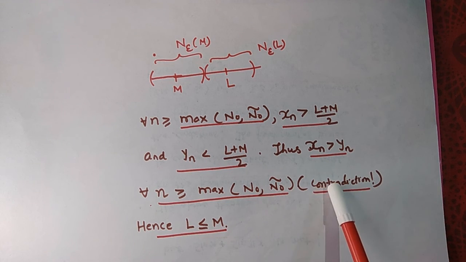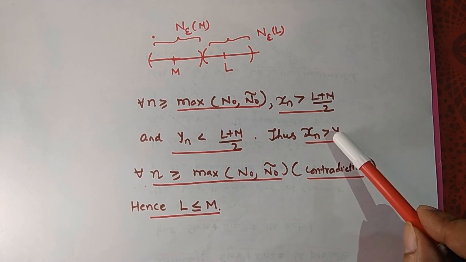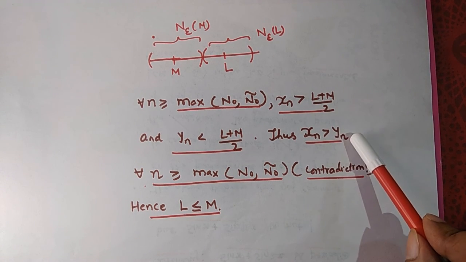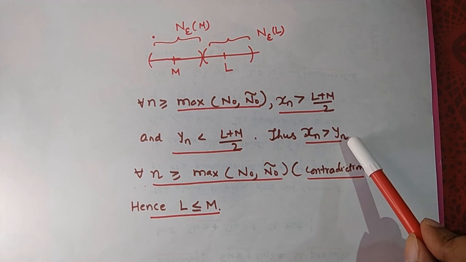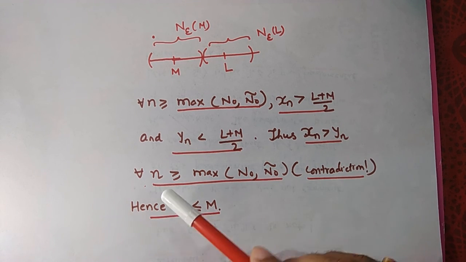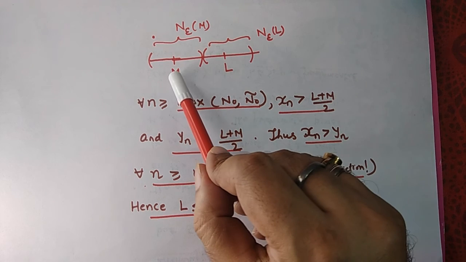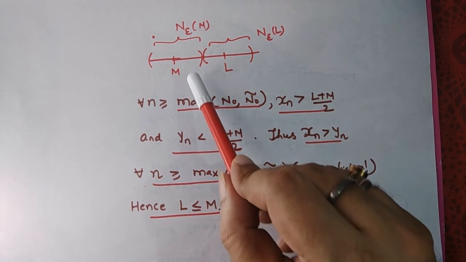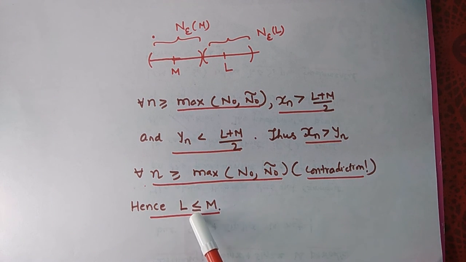But this is a contradiction, since xn is given to be less than or equal to yn for all natural numbers n. Hence, our assumption that L is strictly bigger than M is incorrect, and hence L must be less than or equal to M.